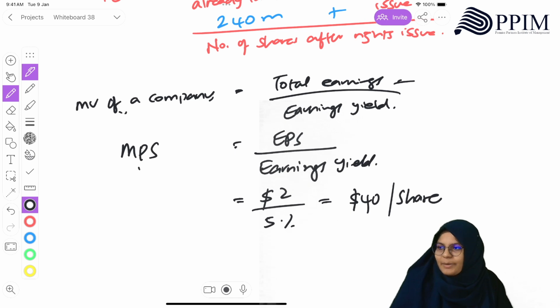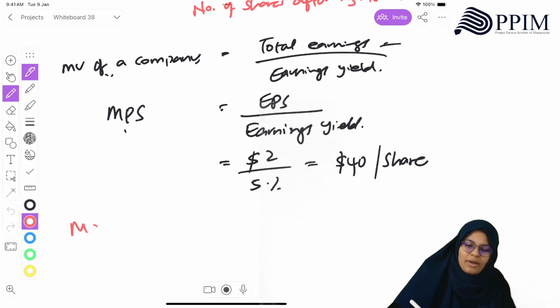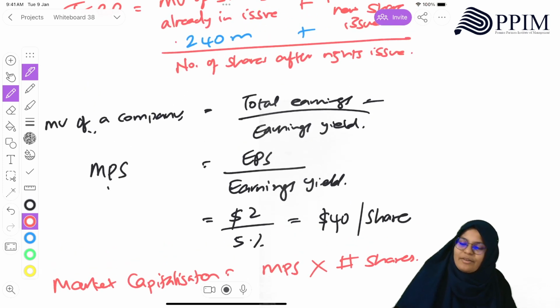Now I have the market price of the share. I have market capitalization also. Okay, so market capitalization is the market price of a share into number of shares, right? So I know market capitalization already, it's 240 million.